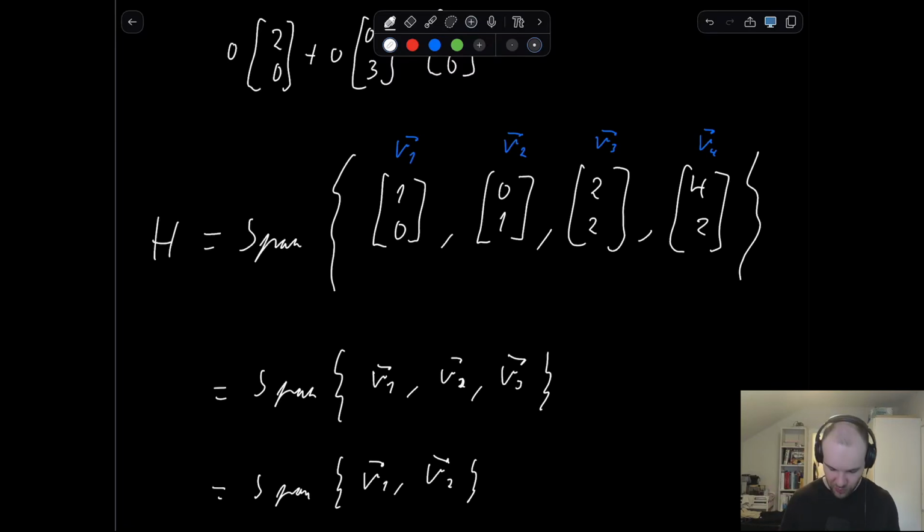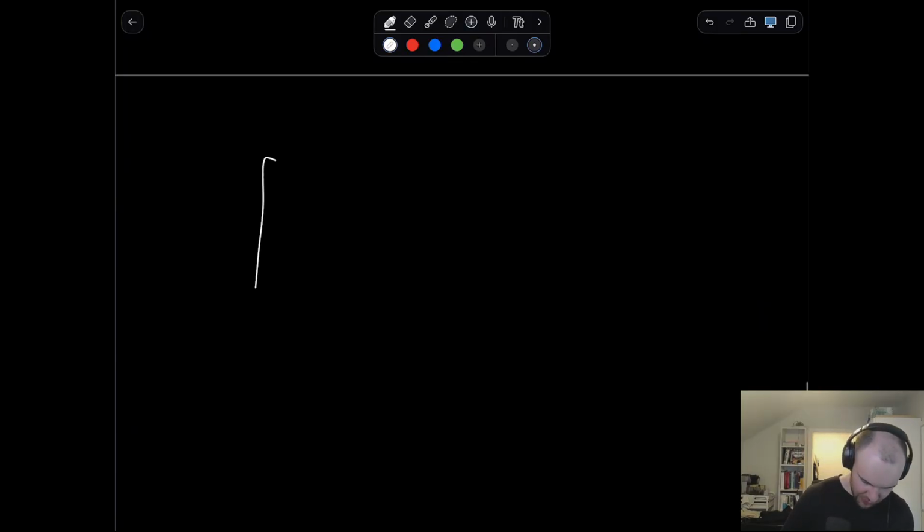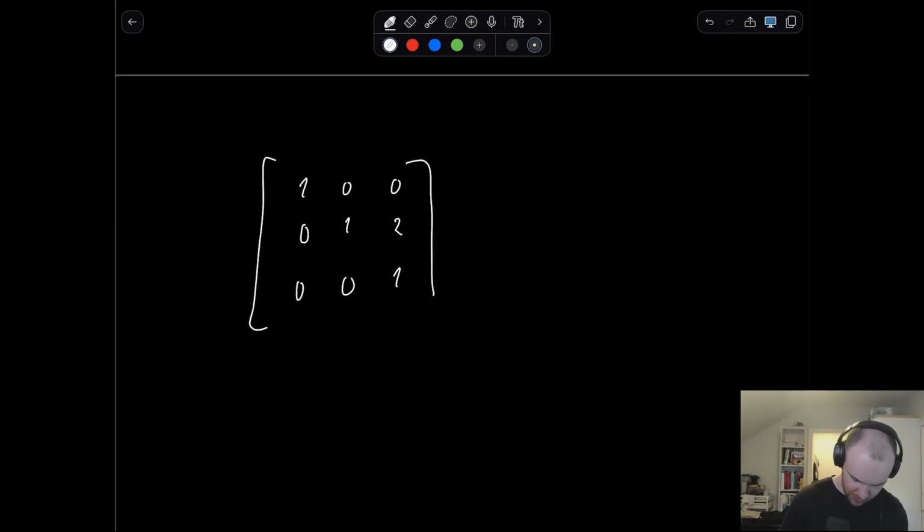And why is that? So if I had some matrix here, like I had 0, and then I had 2, 1, 0, 0, 0, and of course 1 there, and I had 2, let's say I had 0. Let's say this was my matrix. Now only the pivots here would form the basis.